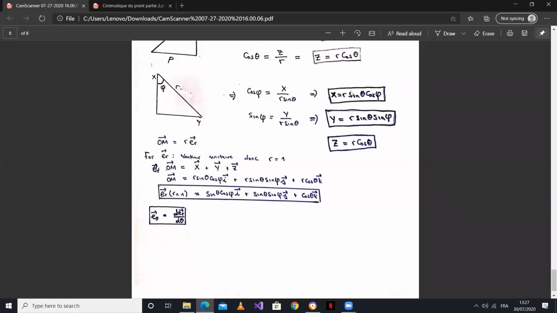So x is equal to sine theta cos phi, so it's going to be sine theta cos phi along i. The x is always following i. Then the y, which is following j, is going to be sine theta sine phi. So it's sine theta sine phi along j. And the z, which is r cos theta, but because r is equal to 1, will be cos theta, and because z follows k, it's going to be cos theta k. Is that clear?